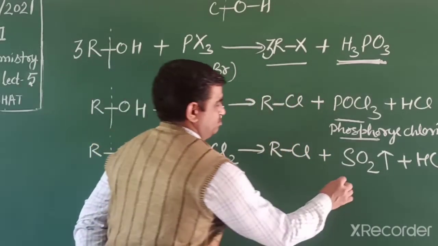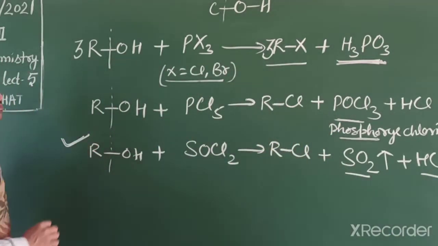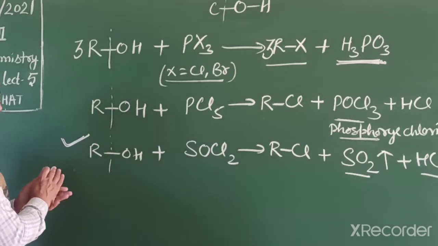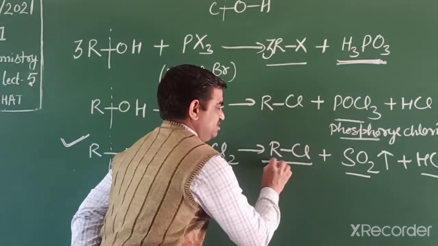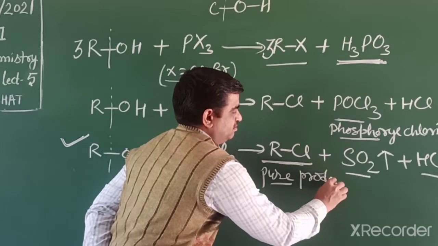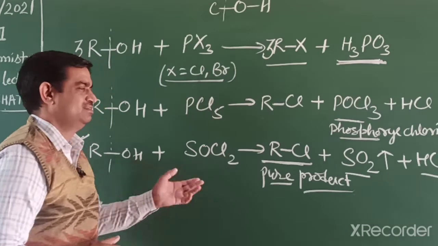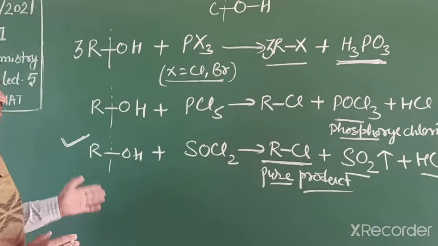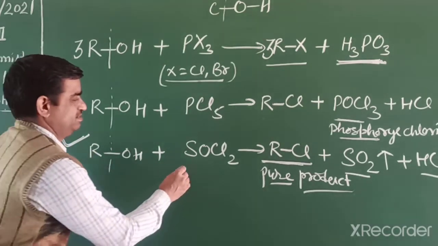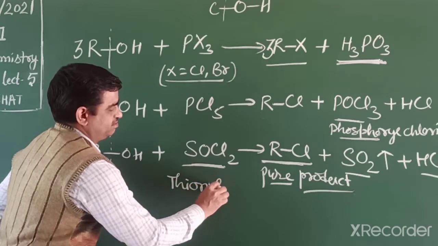So this is the best reaction for preparation of alkyl halide from alcohols, because in this we get a pure product. The other two products are gaseous, and the reaction is easily favorable. For converting alcohol into halides, we select thionyl chloride.